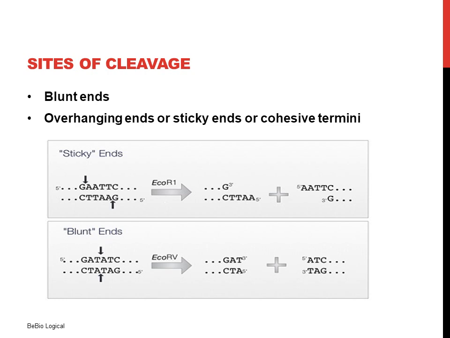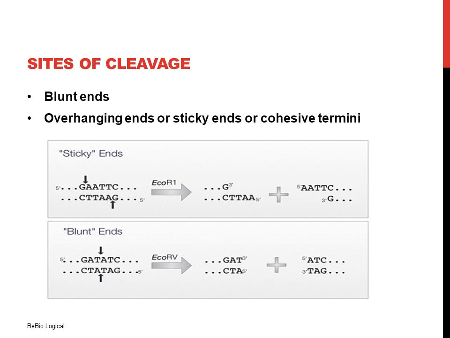Restriction enzymes make either blunt or staggered cuts. Thus, restriction fragments may have blunt ends where the cleavage points occur exactly on the axis of symmetry. Here, the example is shown by EcoRV. And next, the overhanging end, or the cohesive termini, or sticky end.